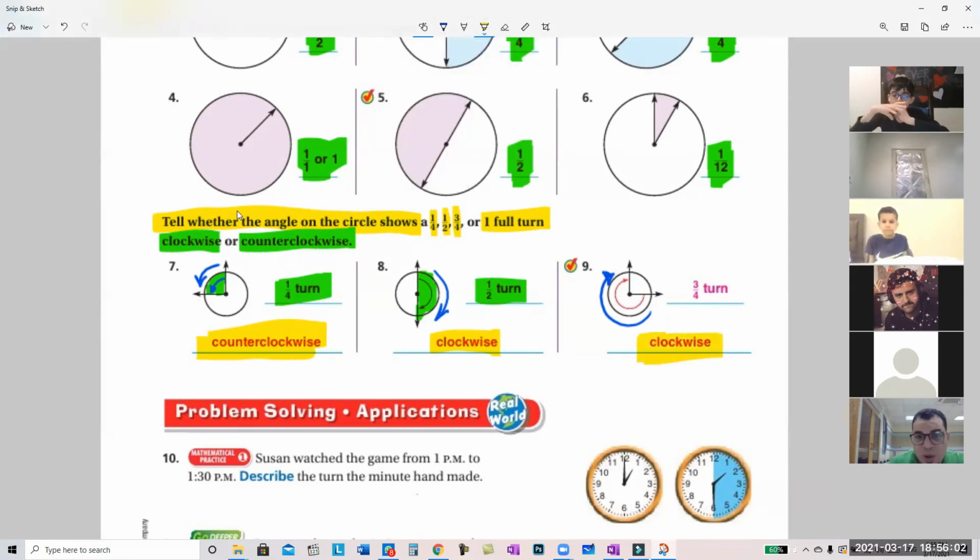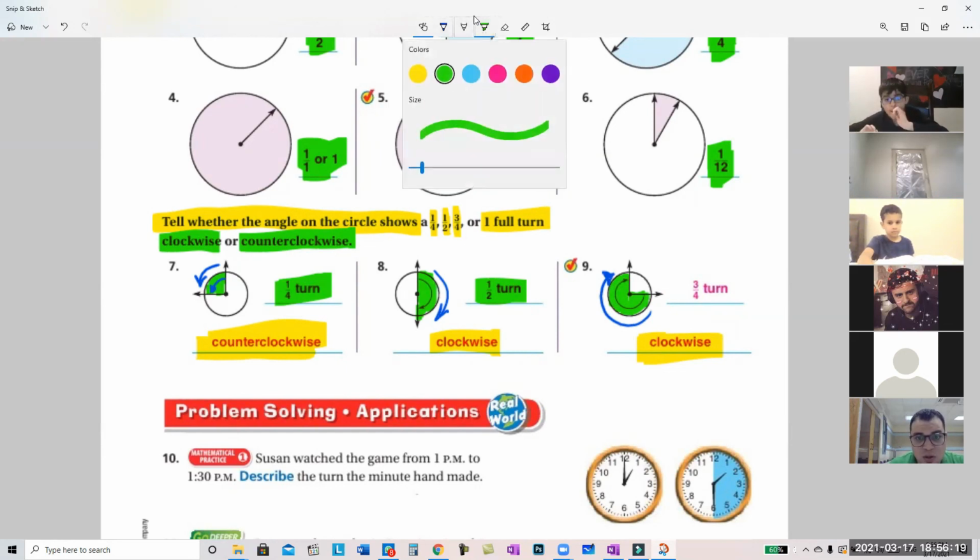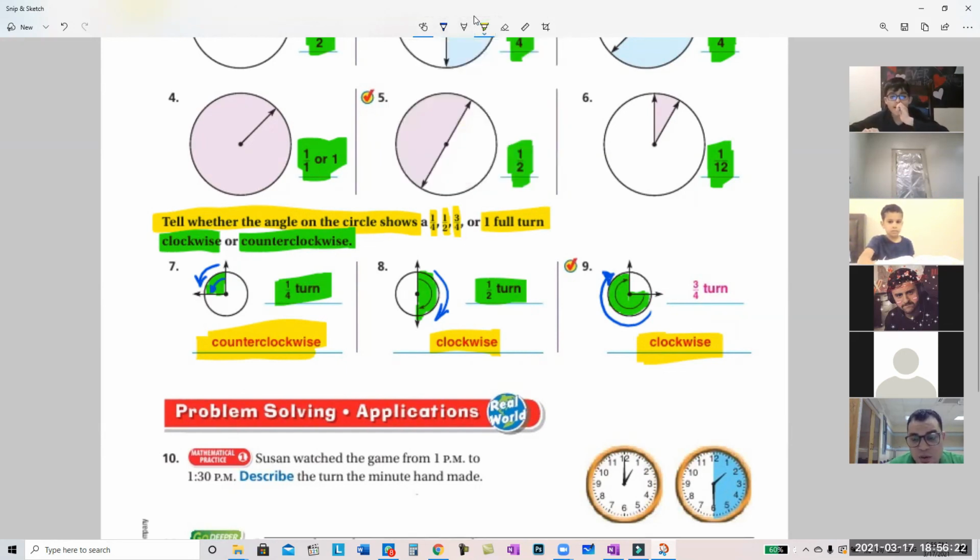What about the fraction here? Let me shade it for you. So what about the turn here? How many of a turn here? No, I'm asking about how many of a turn here. 3 over 4 turn, 3/4 turn, okay?